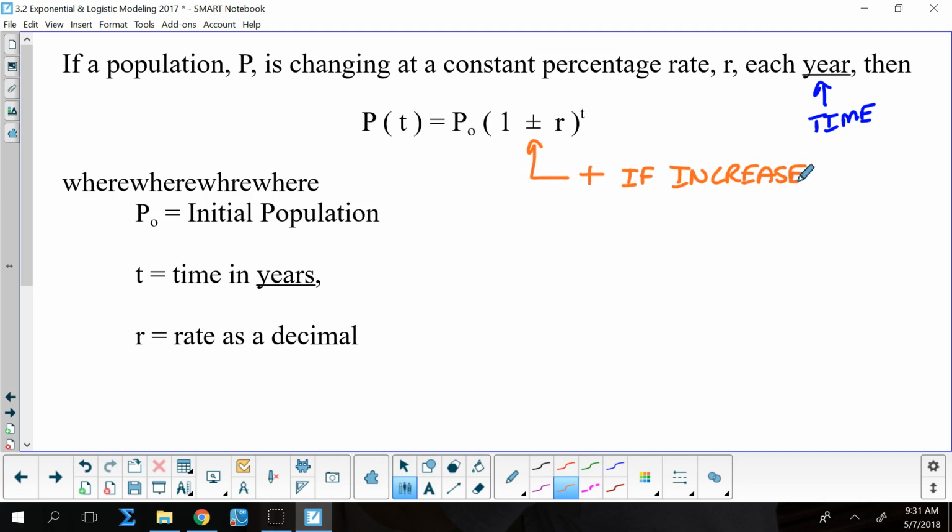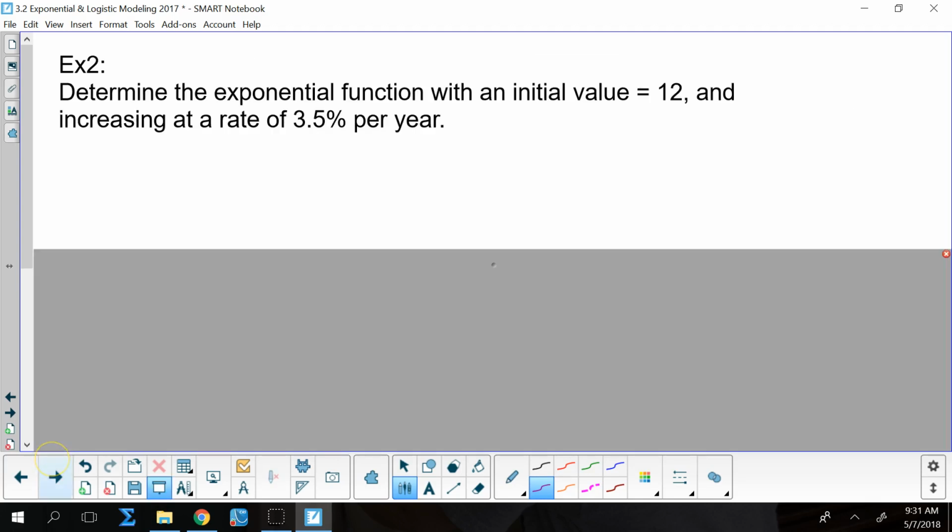Our b would be bigger than 1. And here we subtract if we are decreasing, which would give us a b value less than 1, which would be a decay.